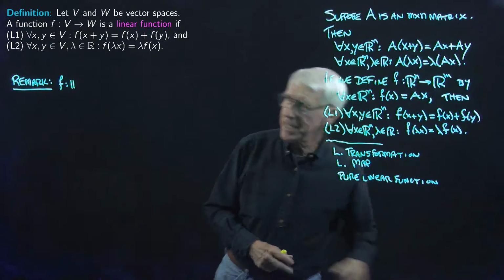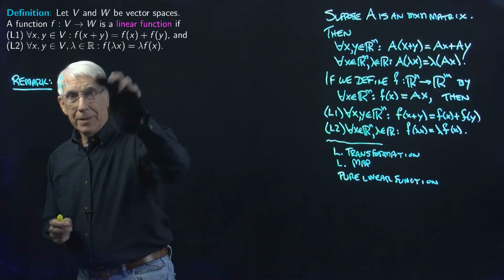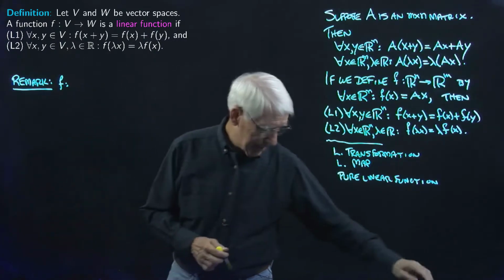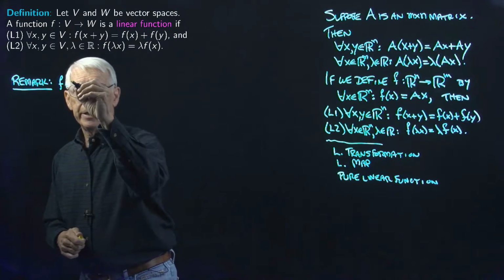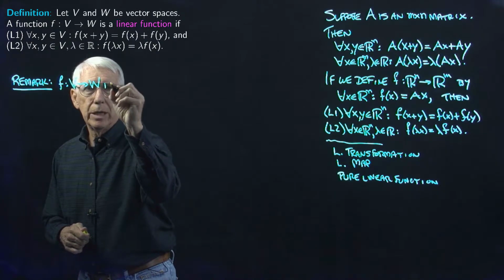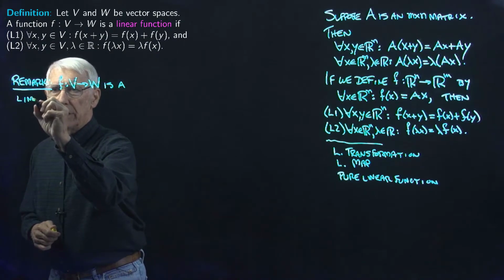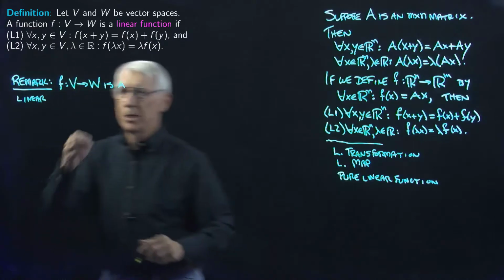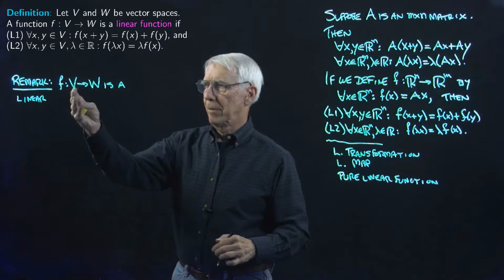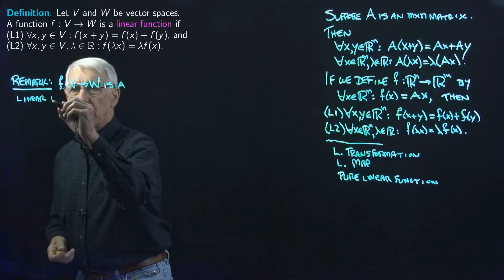It'll be true for Rn and Rm, but this is a more general result. So I need to write in here f from V to W is a linear function. So it's obviously a function because I've written f from the domain V to the target space W. It's a function, but it's a linear function.